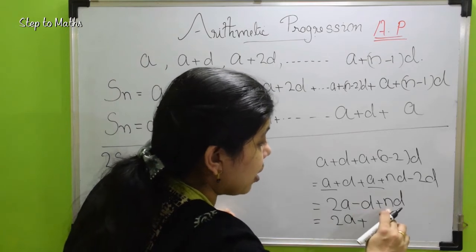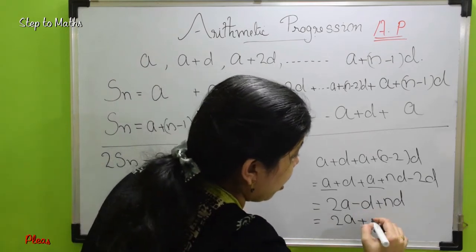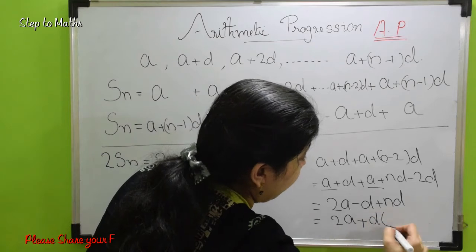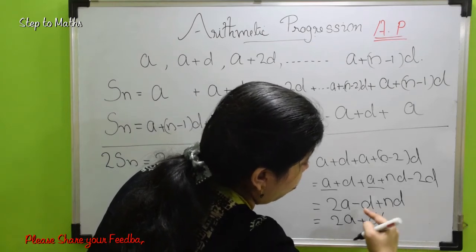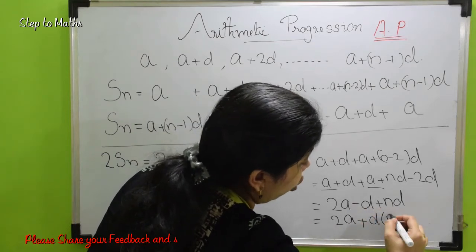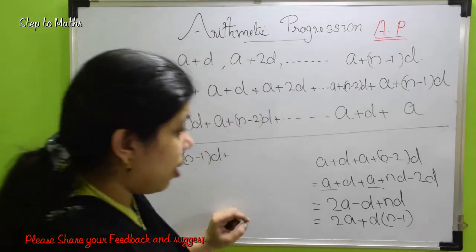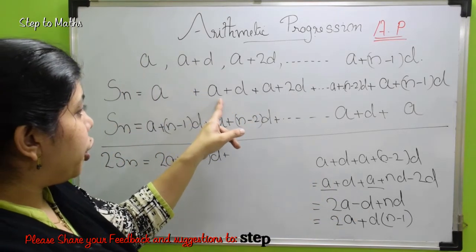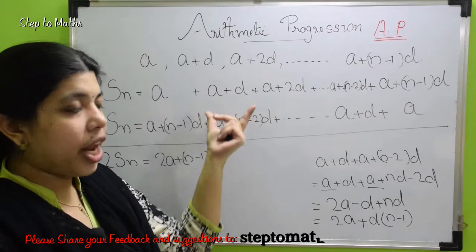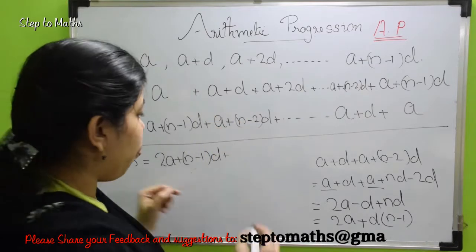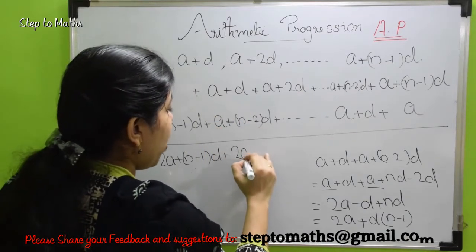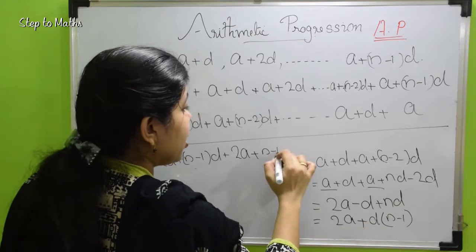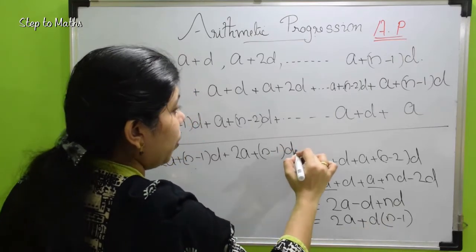If we take d as common, d into 1 plus n minus 2, that is n minus 1. So when we add T2 from the first expression and T2 from the second expression, we also get 2a plus n minus 1 into d.